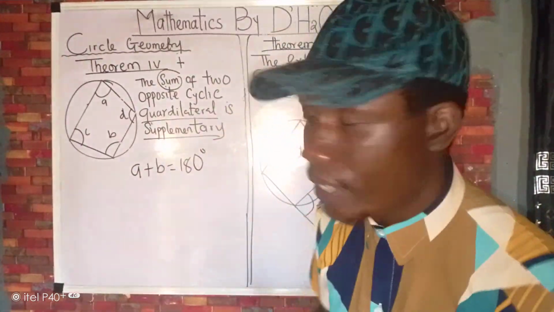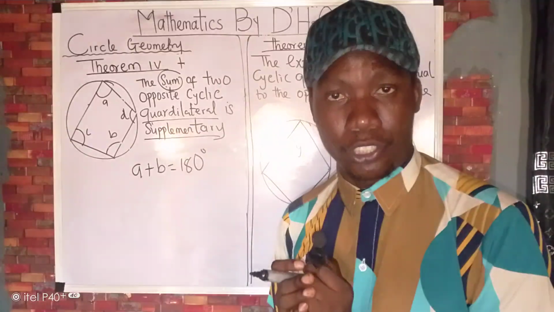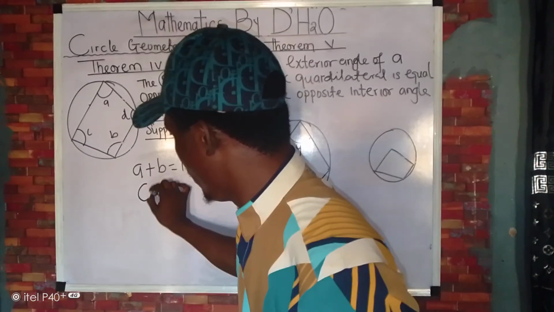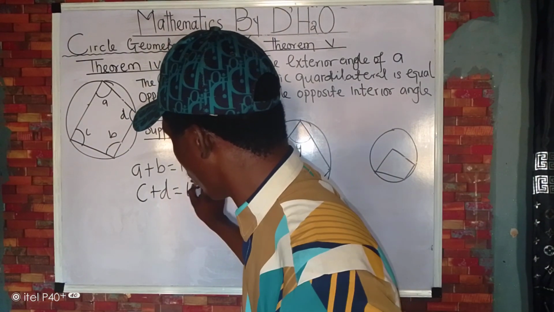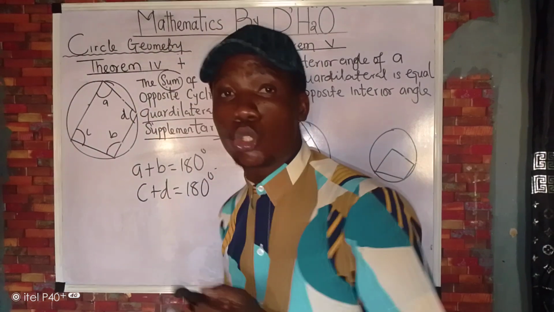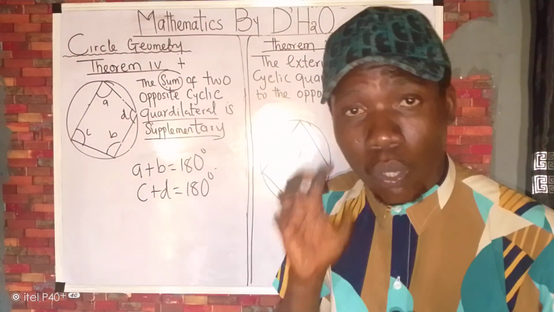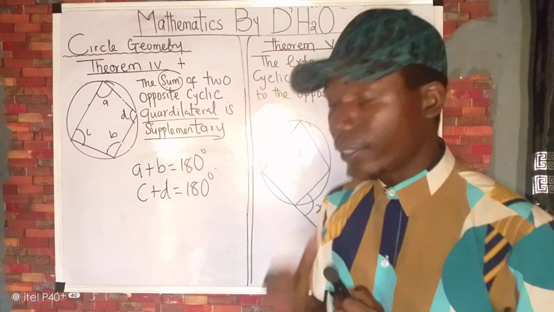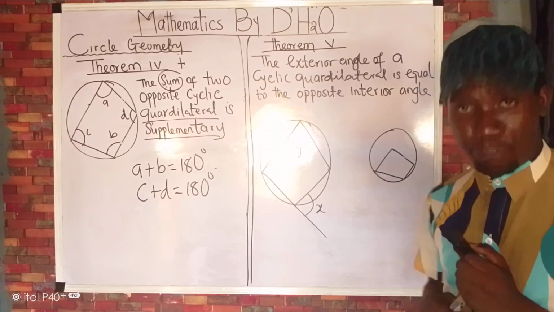That is what they meant when they said the sum is supplementary. Is that clear? Again, C plus D is also equal to 180 degrees. So the sum of two opposite angles of a cyclic quadrilateral is equal to a supplementary angle. Thank you. Let's go to Theorem 5.